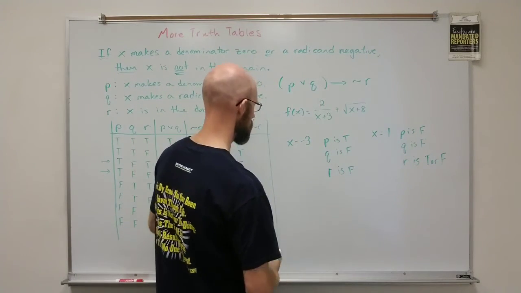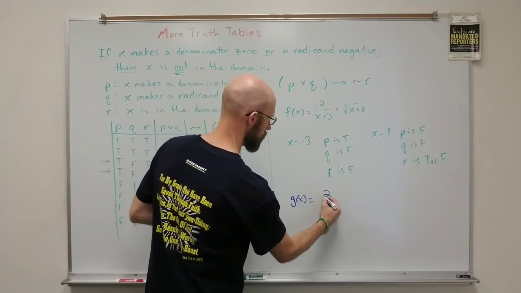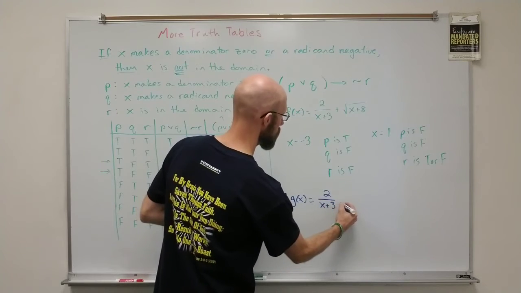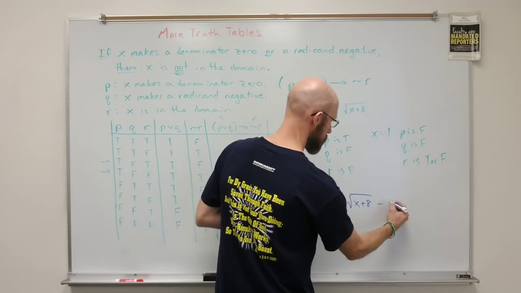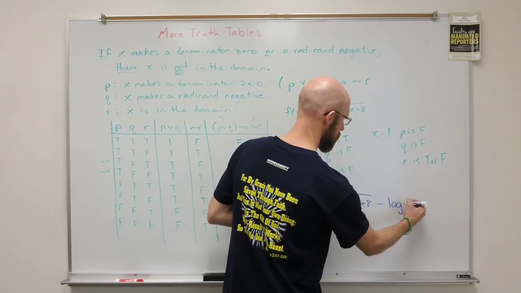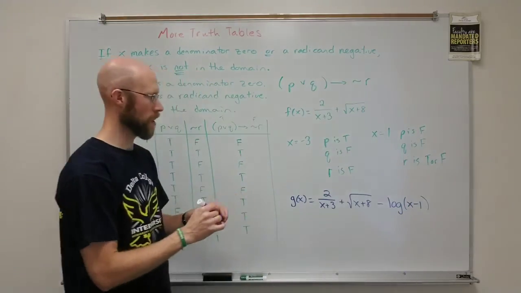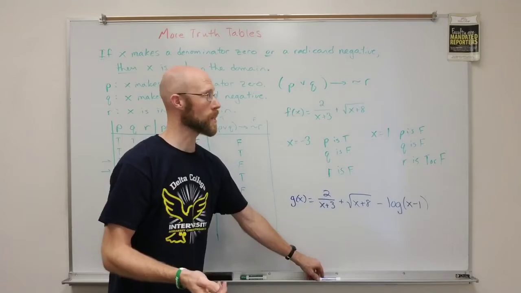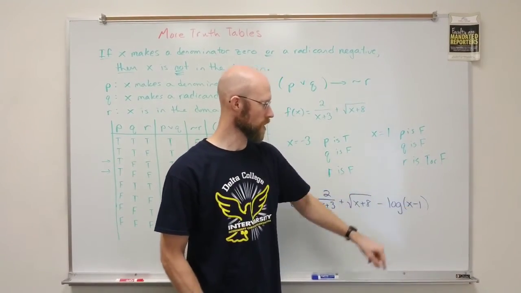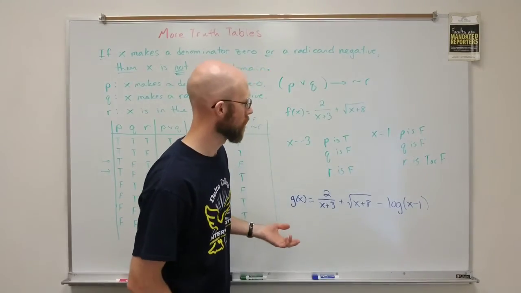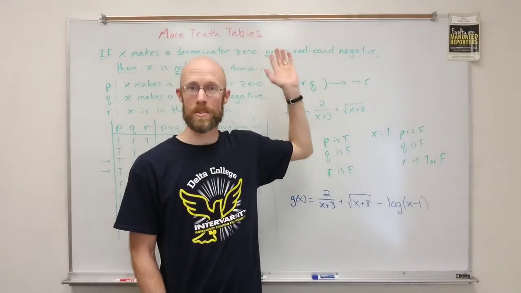That's kind of interesting. Let's say I did a second function so that it's 2 over x plus 3 plus root of x plus 8 minus the log of x minus 1. Interesting. What I didn't state up here is that logarithms have problems. If the inside of the logarithm is 0, the x value is also not in the domain, but that's not part of my sentence.